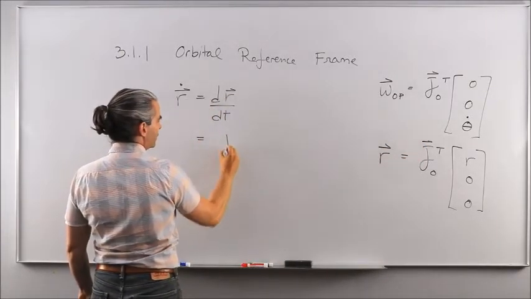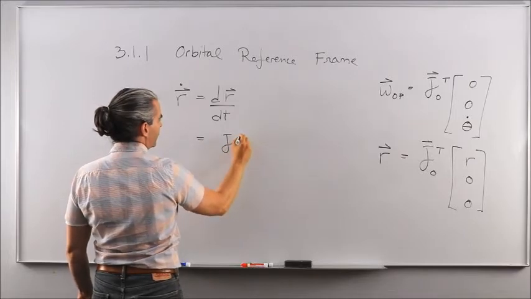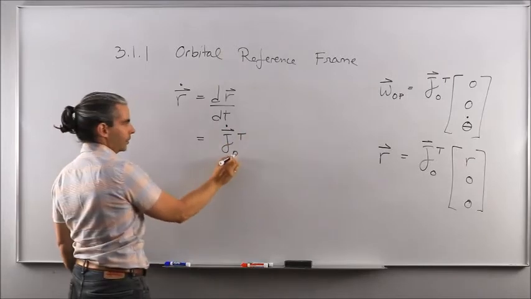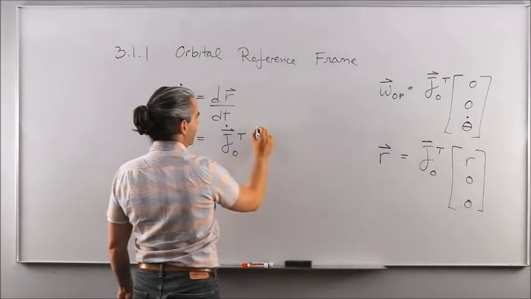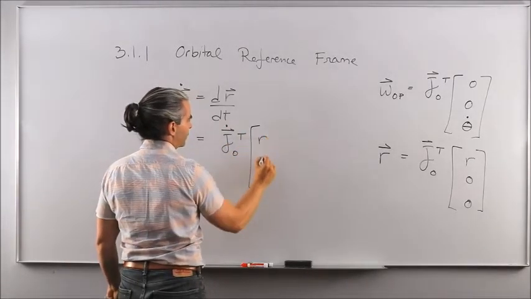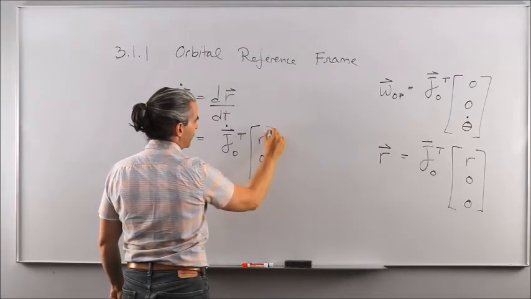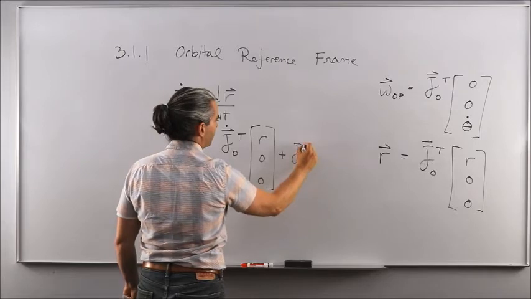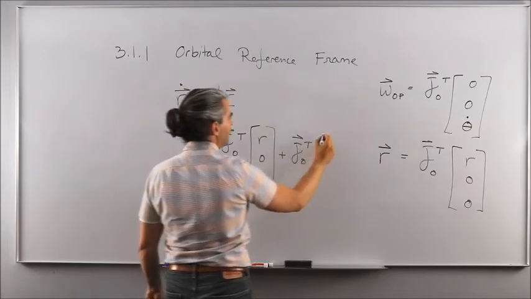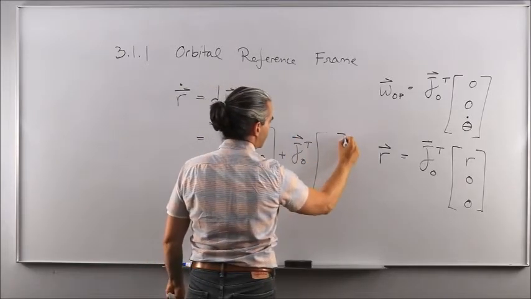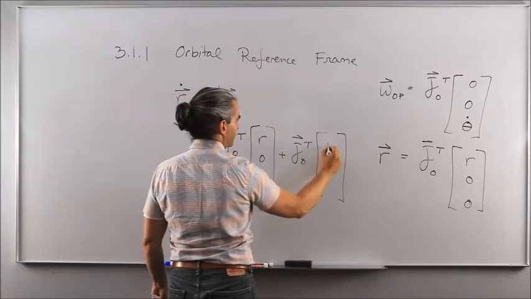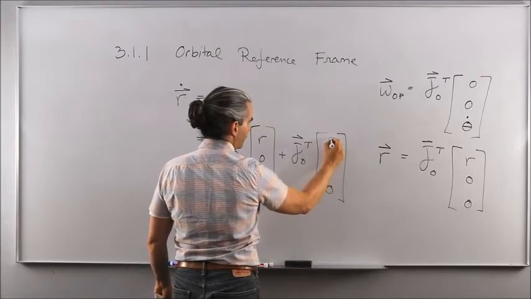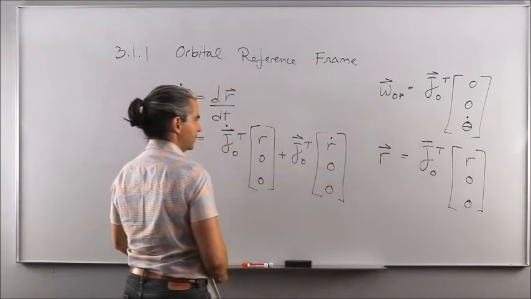That would be the time derivative of the transpose of the Vectrix related to the orbital reference frame times the x, y, z components as they were before, plus the Vectrix orbital reference frame transpose times the time derivative of the x component, y component, and z component, which both stay equal to 0.